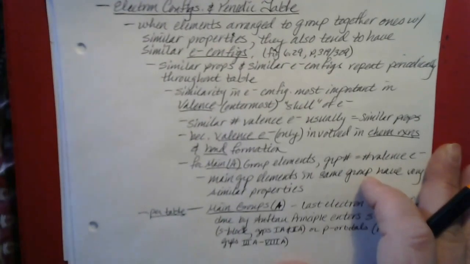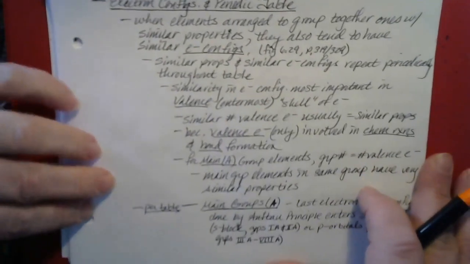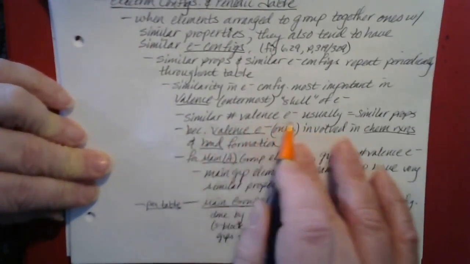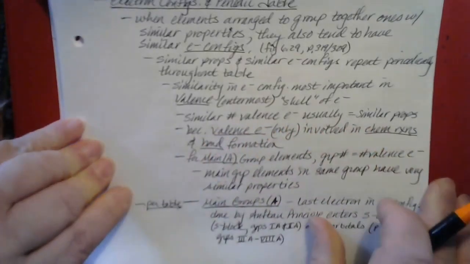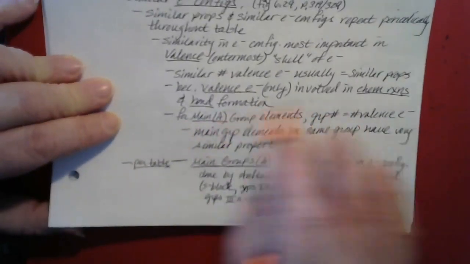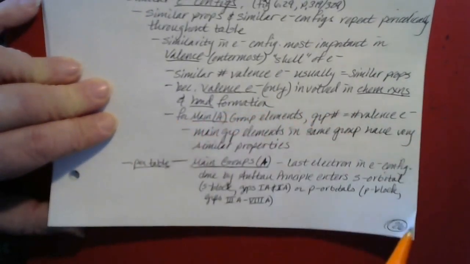And so they are responsible for most of the chemical properties of an element. So a similar number of valence electrons usually means similar properties, because only the valence electrons are involved in chemical reactions and bond formation.